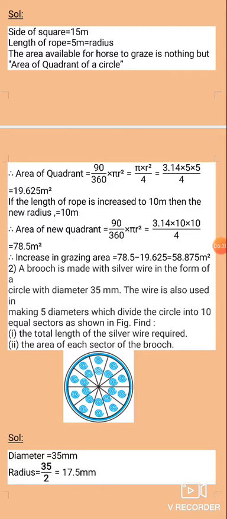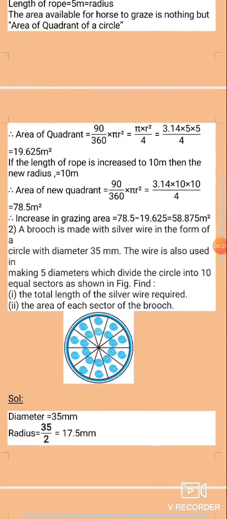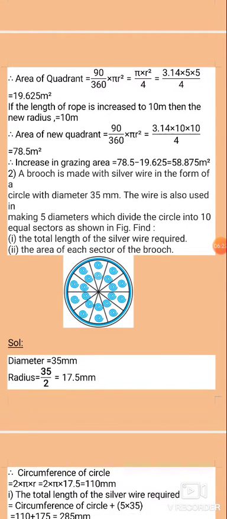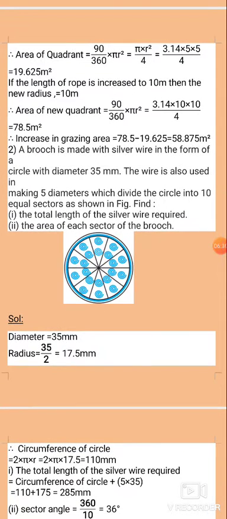Now the next one, you need to find out the total length. That is 5 diameters plus the circumference. So what is the equation of circumference? 2 pi r. And also we need to add the 5 diameters along with that. So circumference is equal to 2 pi r, which is equal to 2 pi into 17.5, which is equal to 110 millimeter.